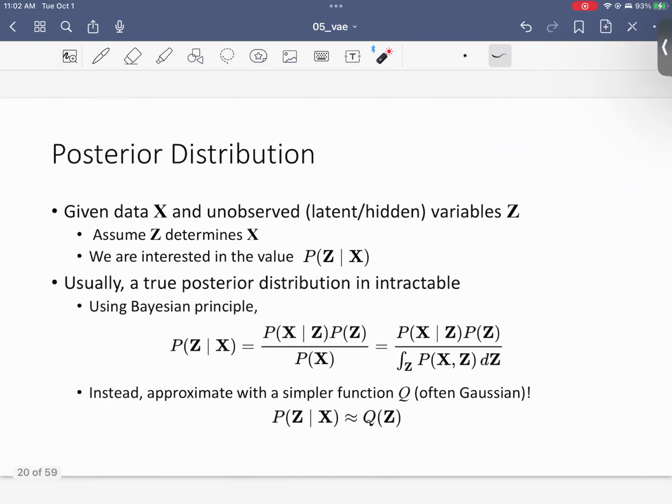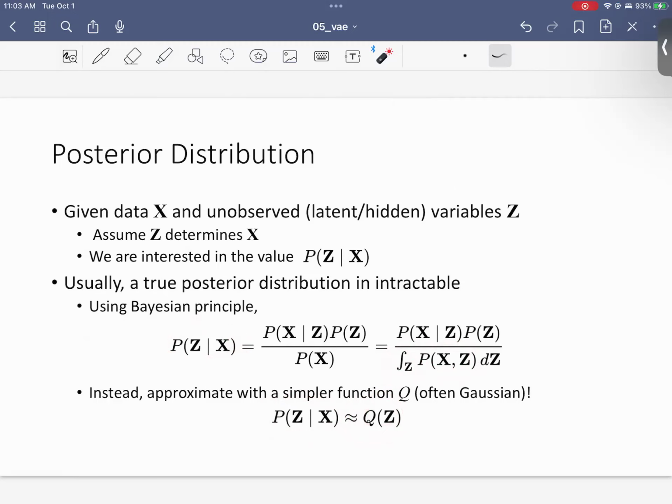So instead of trying to do the integration analytically by solving derivations, or trying to sample from this distribution and do away with Monte Carlo simulation, we're going to assume that this function, the final objective that we're interested in, can be approximated with a known function Q. When we say known function, we usually mean a Gaussian distribution. So Q is a Gaussian distribution.